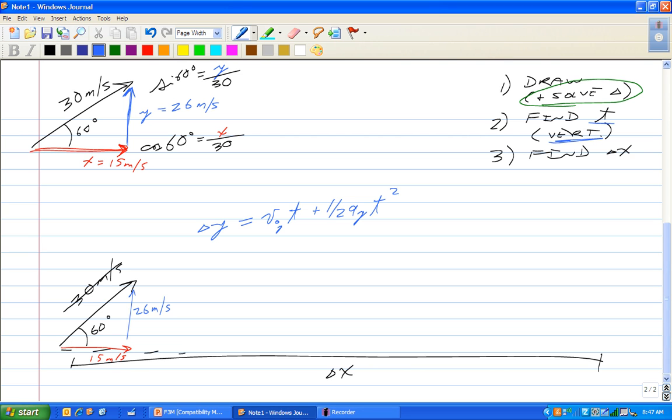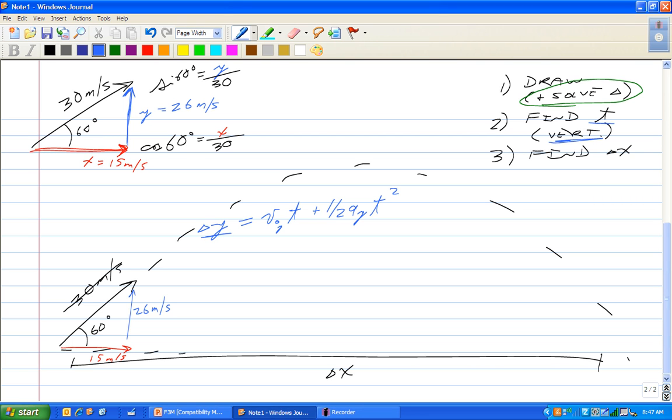Now, think with me. Imagine the path of this ball, right? It's going to follow a parabolic path. And what's going to be true about delta y? What's delta y going to be? What does delta y mean?